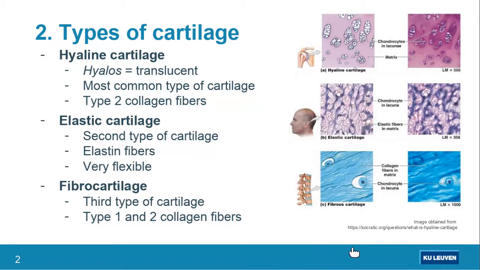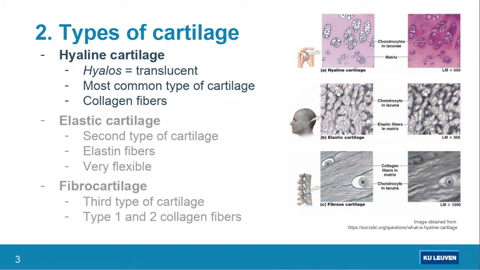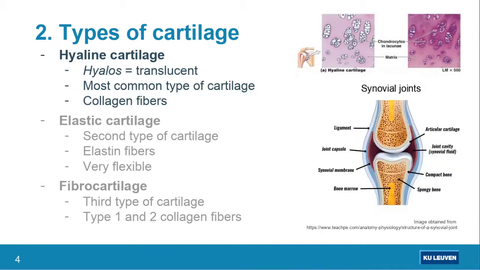For this class, we are going to mainly focus on hyaline cartilage, which is also known as articular cartilage. As I introduced a bit earlier, this articular cartilage is mainly present in our synovial joints. The synovial joints are those joints that allow for a wide range of movement, and they are characterized by the presence of the joint cavity.